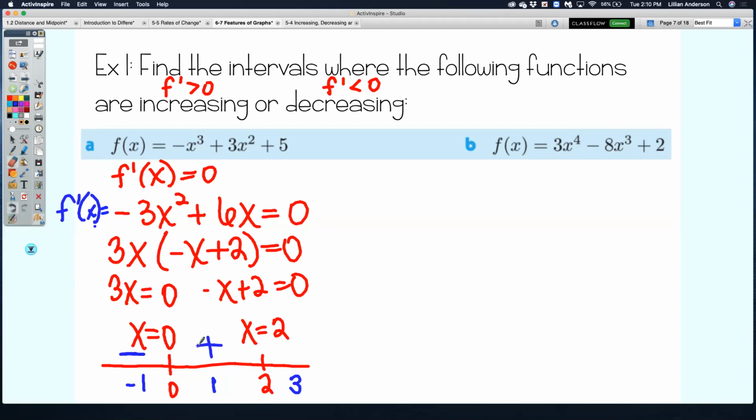Positive. What happens when I plug in 3? Negative, because you'll have negative 27 plus 18, so there'll be a negative. And again, where the first derivative is greater than 0 is where it's increasing, less than 0 is where it's decreasing. So for A, our function is increasing from what to what?